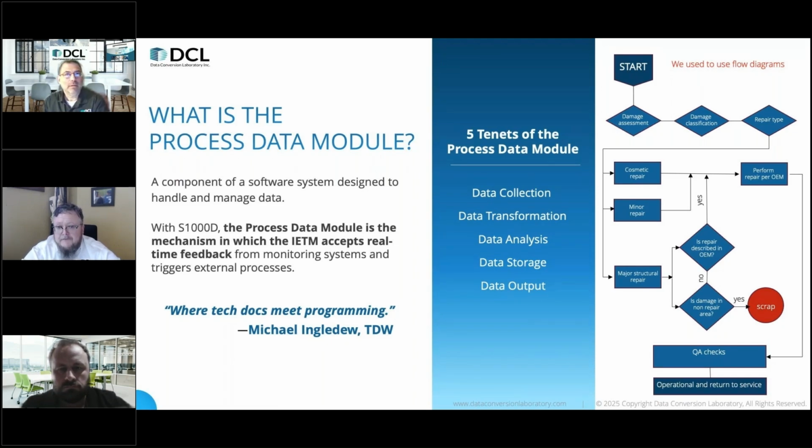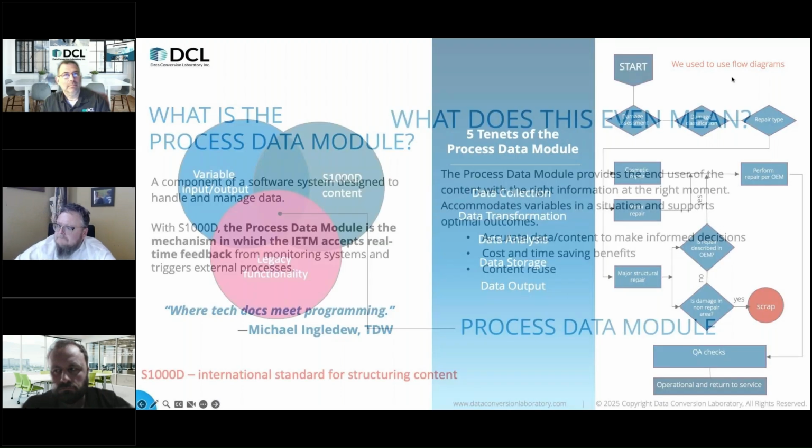Whereas with a process data module, you may be given a chance to input data into a field, and then dependent upon your answer, it would drive you to your solution in that way, instead of having to sort through multiple yes no answers and things of that nature.